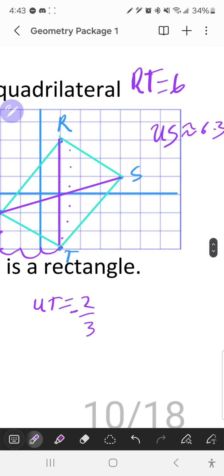And for this one, it's going to be 1, 2, 3, 1, 2, 3, 4.